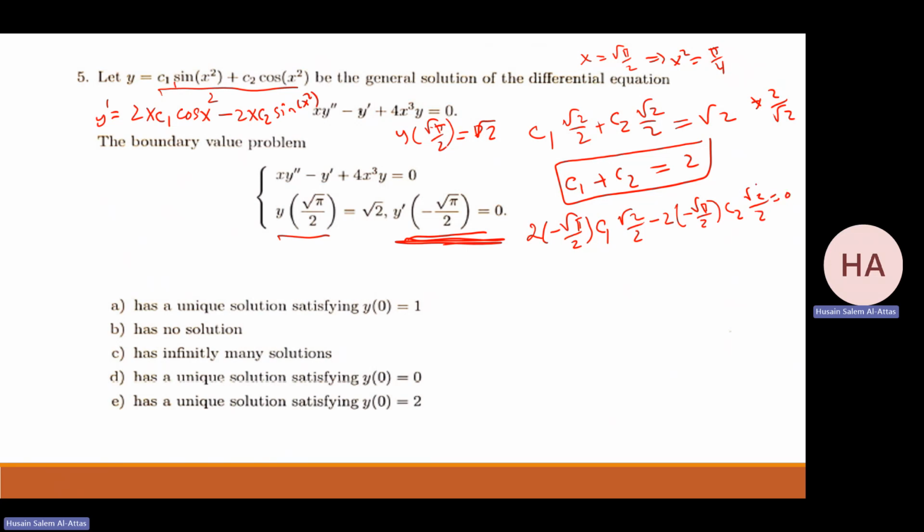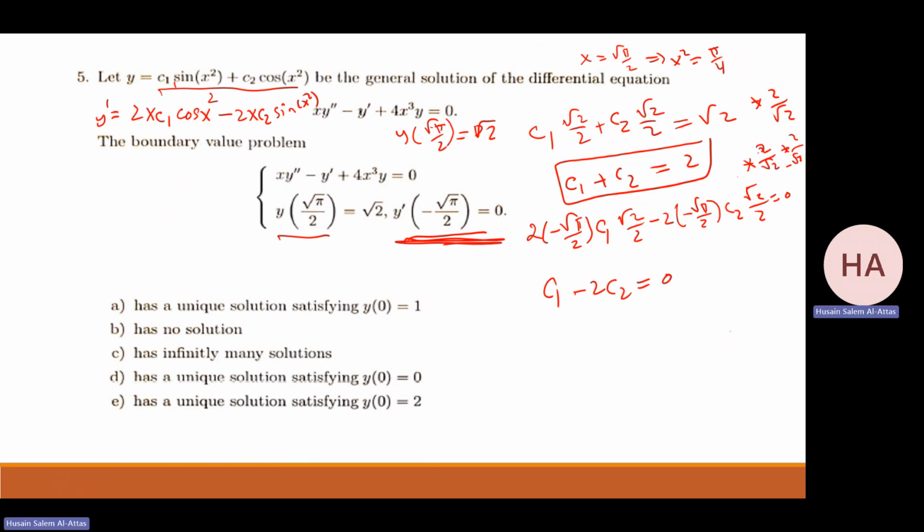And that should equal 0. So multiply by what in this case? 2 over square root of 2, and also 2 over minus square root of pi. So everything cancels, and I have C1 here, and this one, everything cancelled, minus 2C2 equals 0.